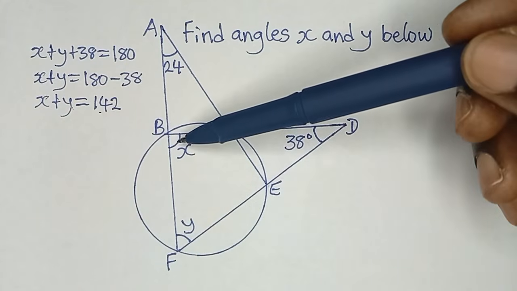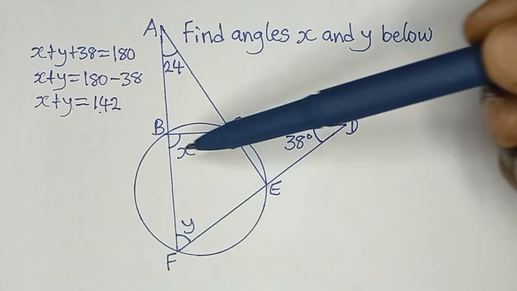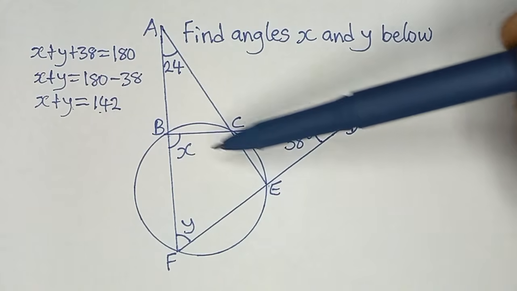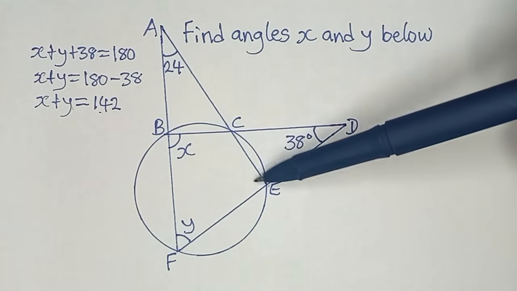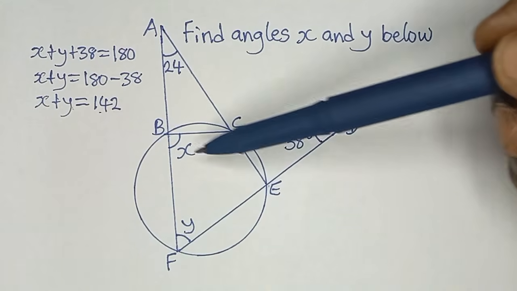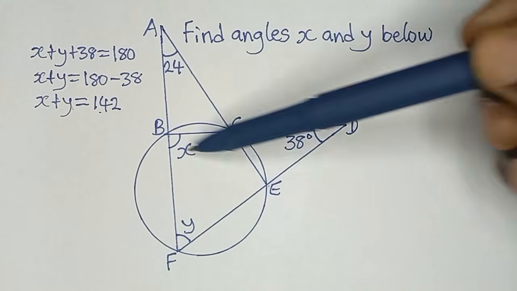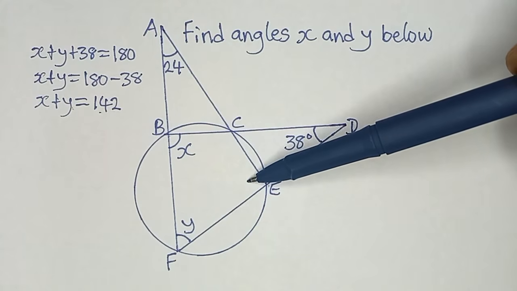And then we should know that the opposite angles of a cyclic quadrilateral are supplementary, meaning that when you add the opposite angles of a cyclic quadrilateral, you get 180 degrees. That is the meaning of supplementary.